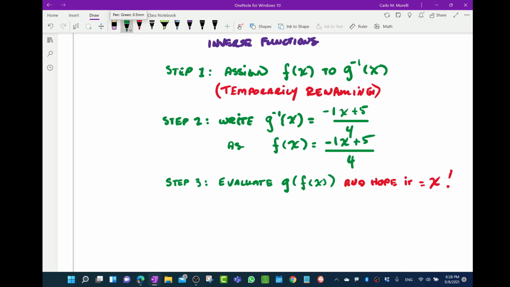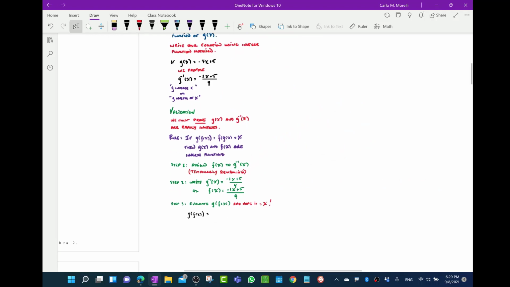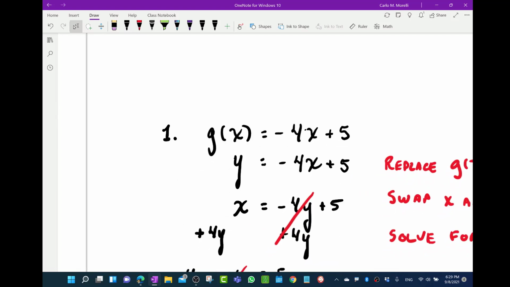I'm going to switch out of green because we're going to be doing some math here. So let's begin by writing g of f of x equals, and now what we need to do is look at the original function, g of x. So this is the framework. G of x is negative 4x plus 5.